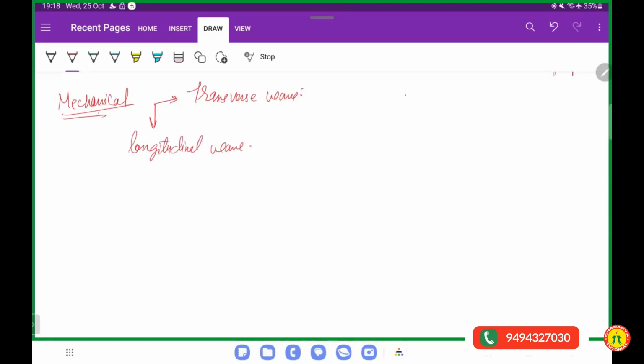Now, by the name, can you understand what this will be? Can you guess what you mean by transverse? What is a transverse wave?